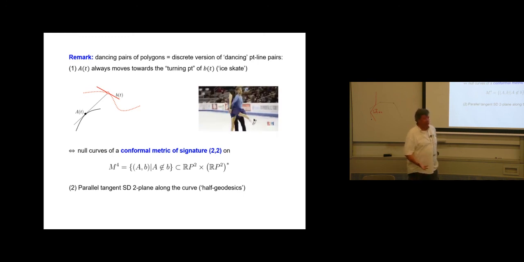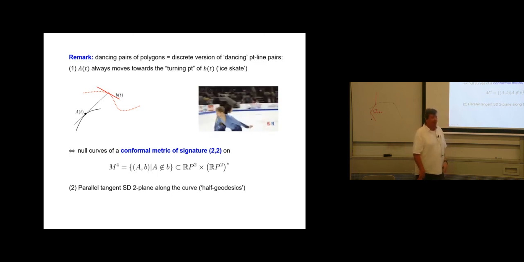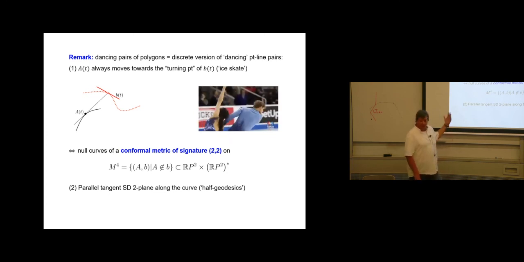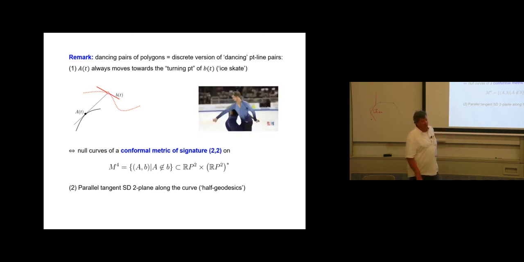It's something called half geodesics. You have to know a little bit about pseudo-Riemannian geometry in signature 2,2. It's a very natural condition, but we were trying to give it in purely projective geometric language, and we basically failed to do it in this continuous version. But in a discrete case, it is possible, and that's what the first slide I gave.